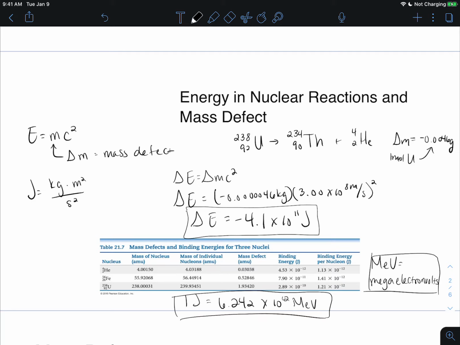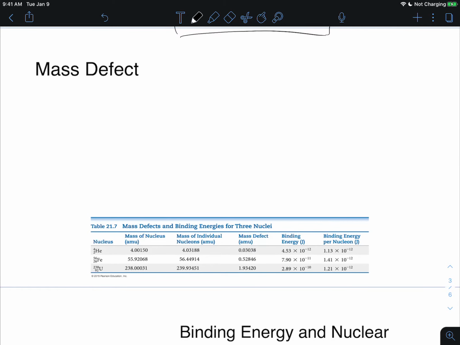So that can then be converted into mega electron volts, which is a unit that is fairly usable when discussing binding energies. So where does this energy come from?